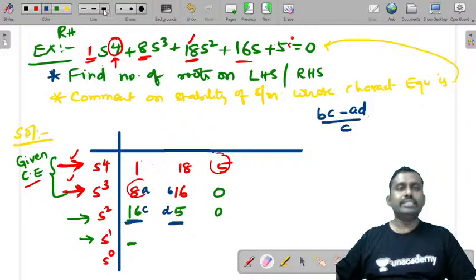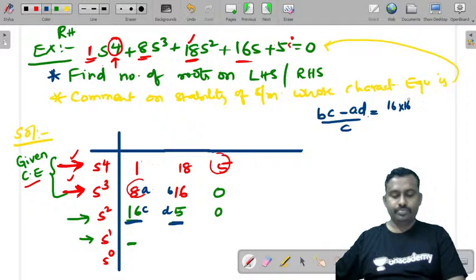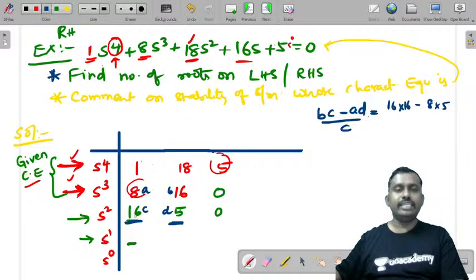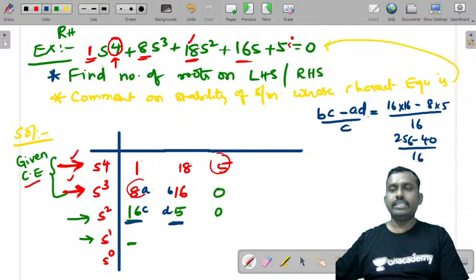If you apply BC minus AD by C again, what is BC? It is 16 into 16 minus 8 into 5. So B is 16, C is 16. 16 into 16 minus AD, 8 into 5, by C, and C is 16 again. 16 into 16 will give you 256, minus 8 fives are 40, by 16.